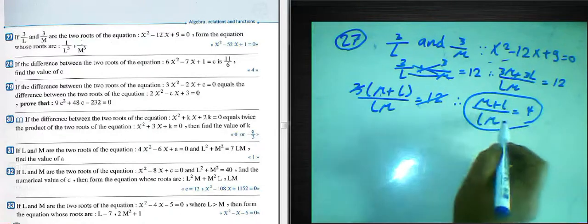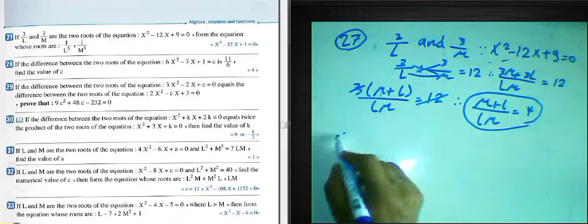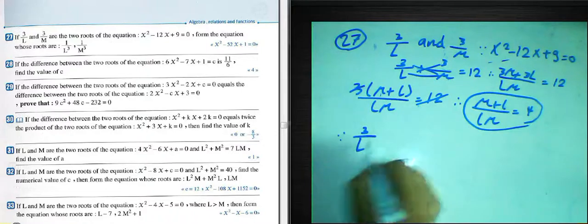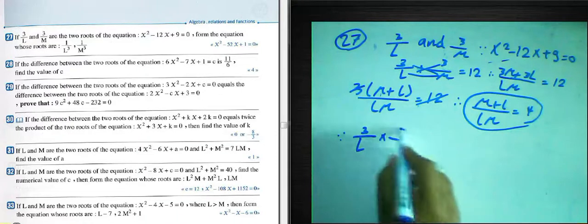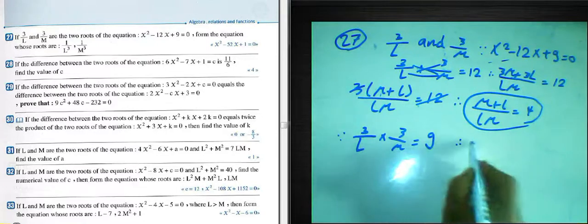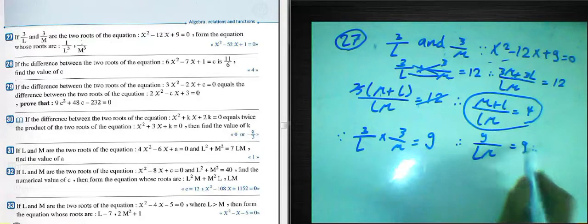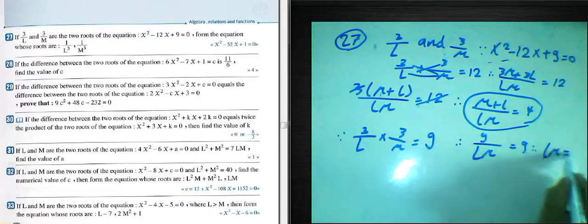It's the first equation about the sum, and we know the product of 3L and 3M equal 9. So 9 over LM equal 9, then LM equal 1.